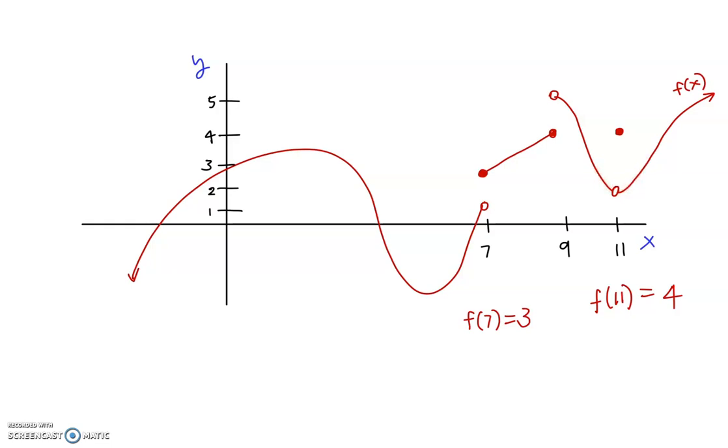And so this is the function value, but this point will become important. We're going to talk about how that's the limit of the function at x equals 11. We'll talk about this in class, but this is an important idea that the value of a function can be different from where all of its really close neighbors are telling you it should be headed.